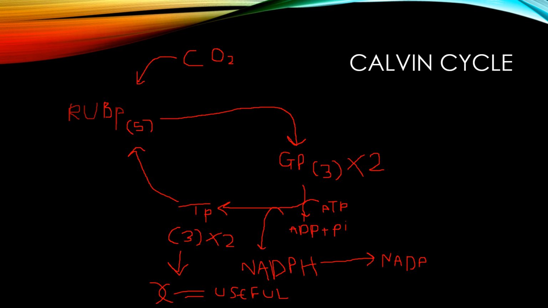Because remember, the formula for glucose is C6H12O6. Hopefully that made sense. If it doesn't, then please rewind the video and watch it again until it makes sense to you.